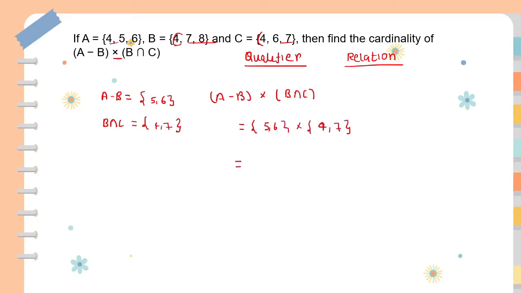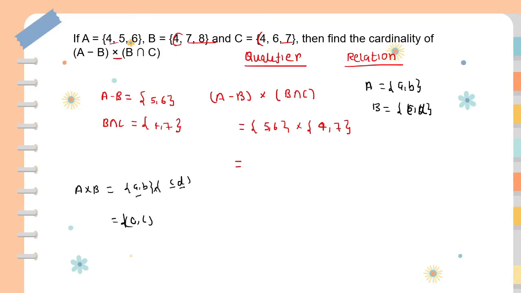So how will we write the multiplication of two sets? Let us assume this is a and b, and this is c and d. So I will write it as ac, then ad, and then bc and bd.